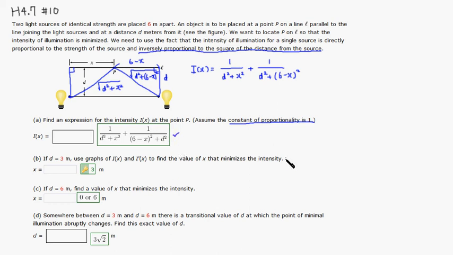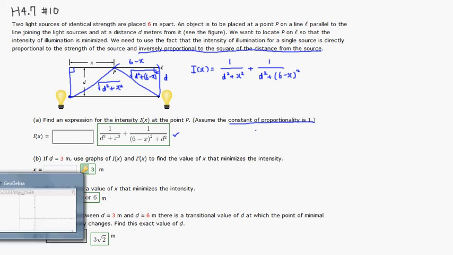All right, then what we want to do for part B is that if d equals 3, then use the graphs of I of x and I prime of x to find the value of x that minimizes the intensity. Right, so let's sketch the graph using GeoGebra. So open up GeoGebra.